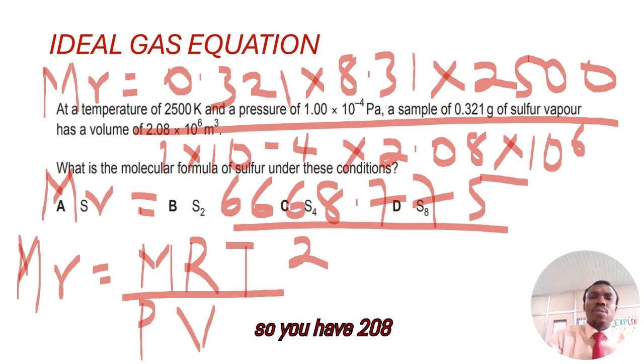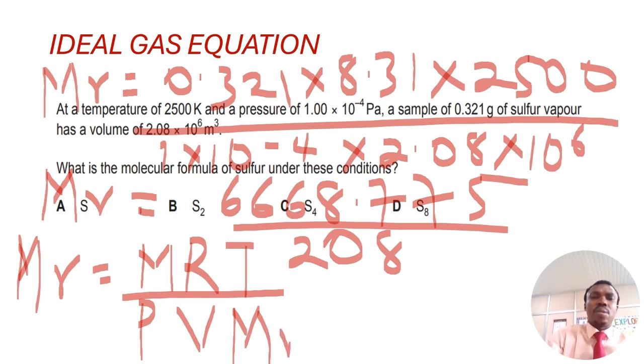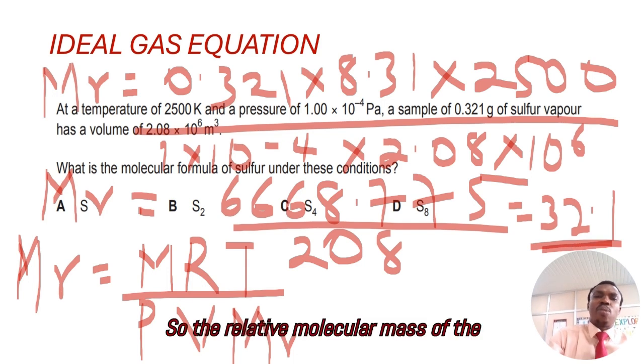So you have 208. So the molar mass will be equal to 6668.775 divided by 208. So you now have 32.1. So the relative molecular mass of the sulfur is equal to 32.1.